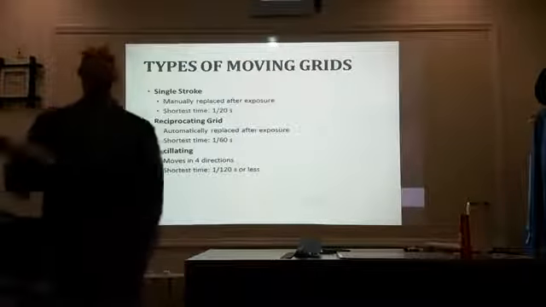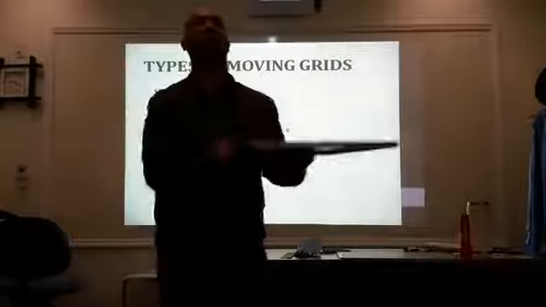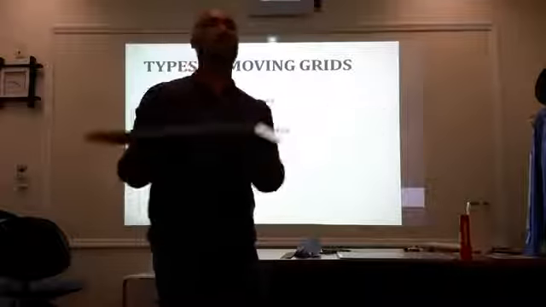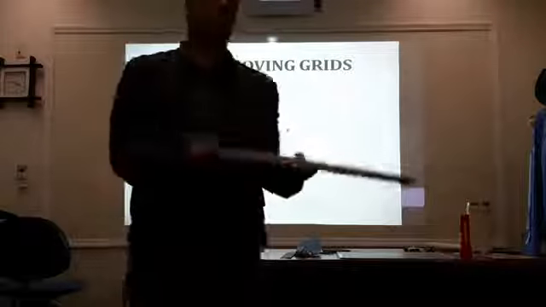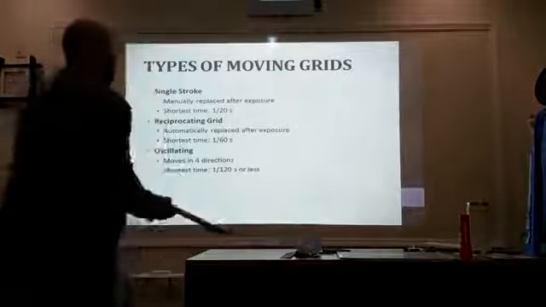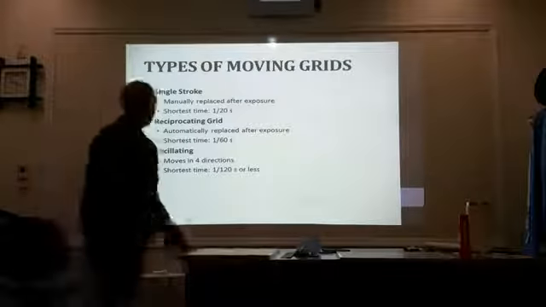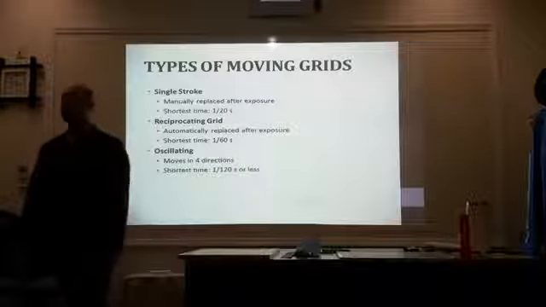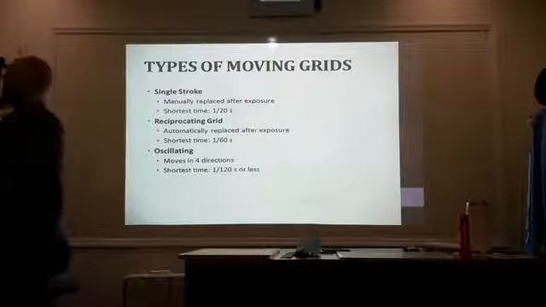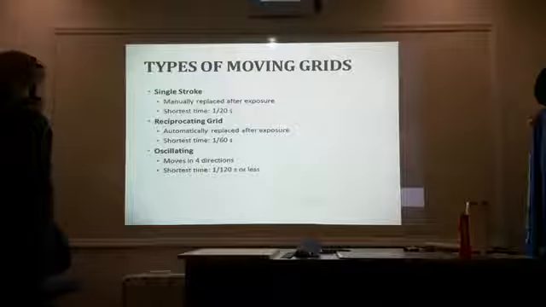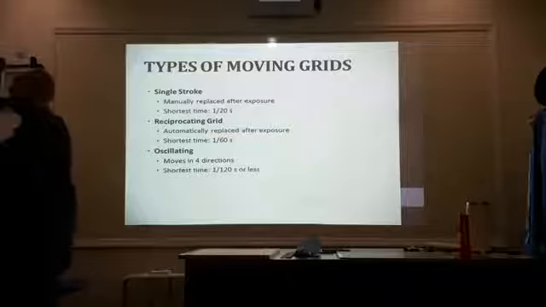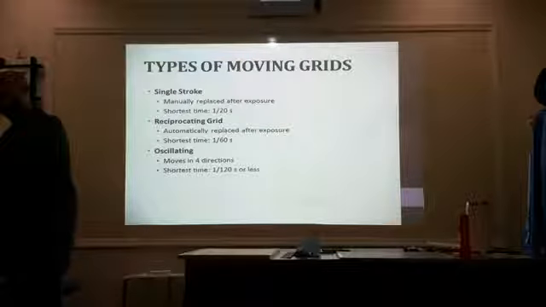So it doesn't just move across the table, it's going to go in all four different directions. A sweeping motion. That's going to be the most efficient. Shortest times of 1/120th or less. That's what's going to happen there. Any questions on the moving grids?